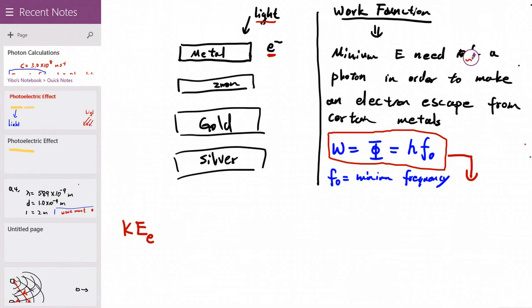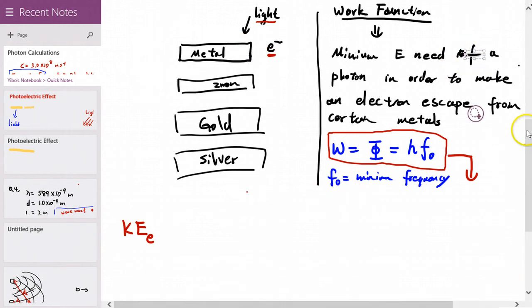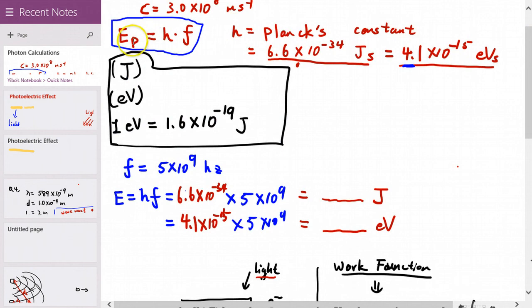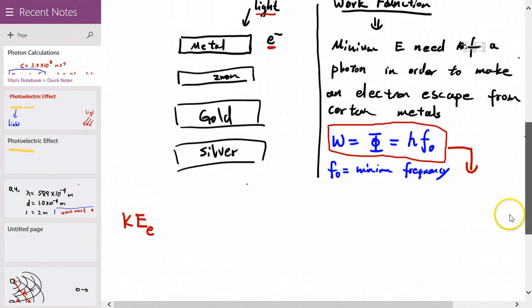Photons come to the metal with some energy, in the form of this E_p.